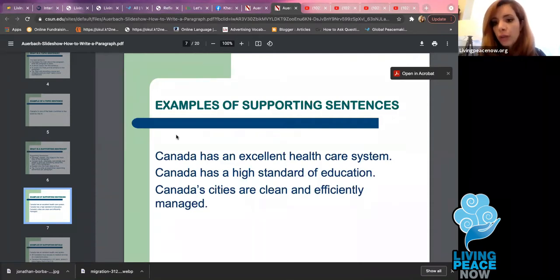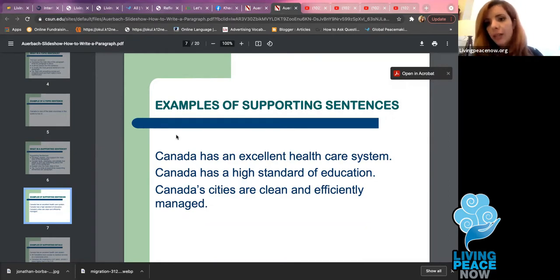So each paragraph is going to be about one idea. If you have stated 3 ideas in your introductory paragraph, then you are going to stop writing the first paragraph when you end with a sentence that summarizes the first idea, or introduces the second idea. This is how we do it.